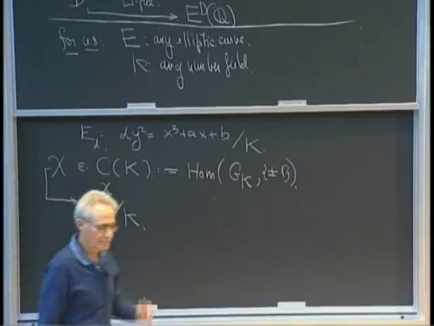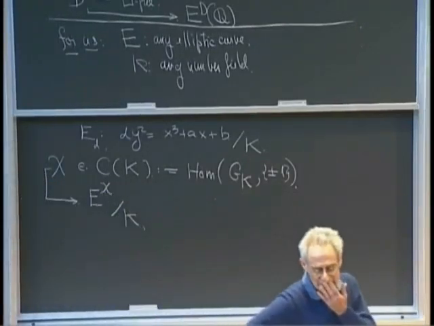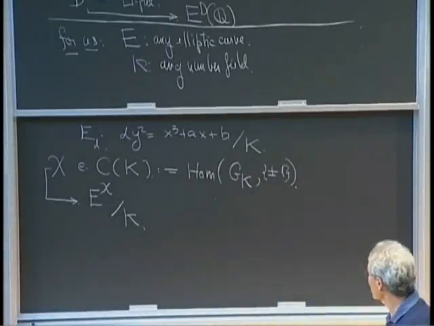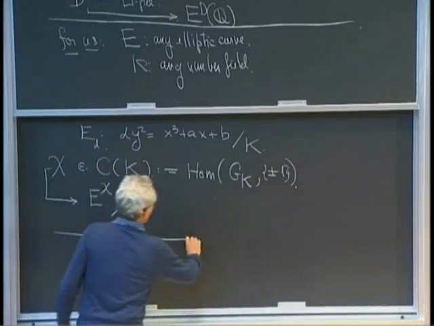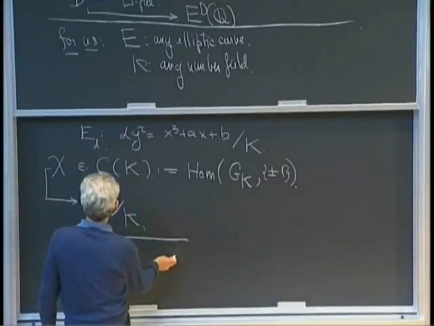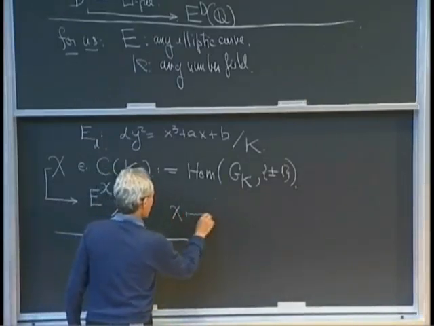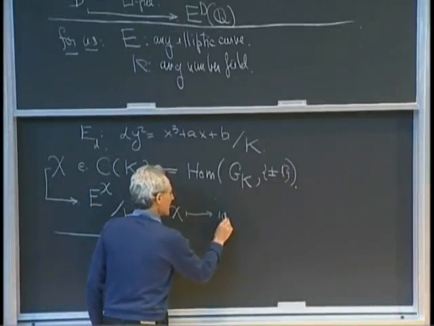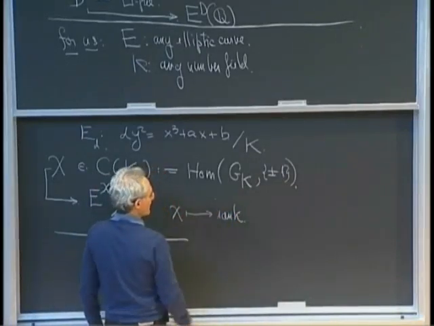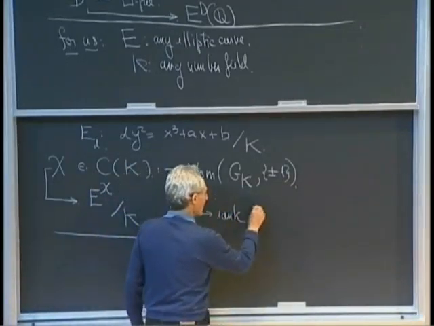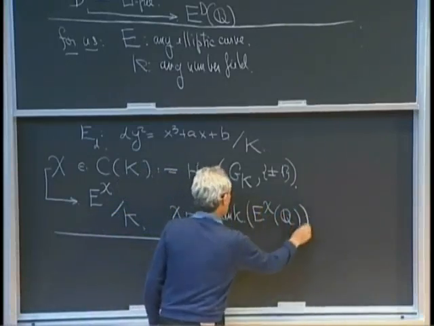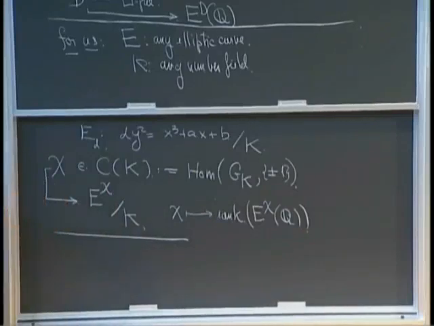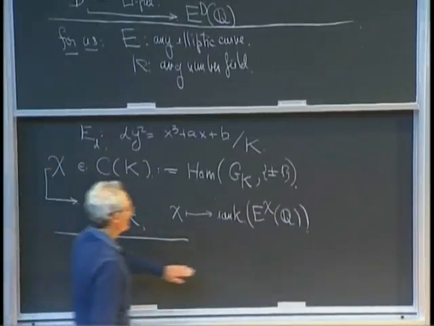Okay. So what do we want to do about this family? Well, what we'd like to do is study, for example, how the arithmetic function chi goes to the rank of its Mordell-Weil group, how this arithmetic function behaves over K, thank you.